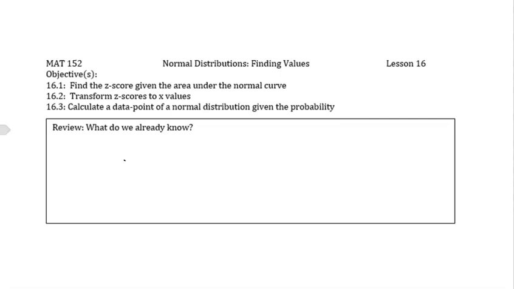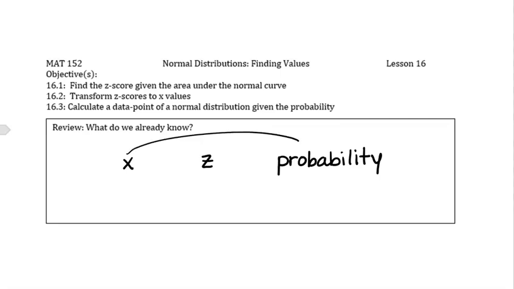X is the raw data, the data that we're starting with. Z is the standard scores. And once we have the standard score, we can then use the calculator or StatCrunch or the standard normal tables to find the probability. But you cannot get from x to probability without crossing over z and vice versa.